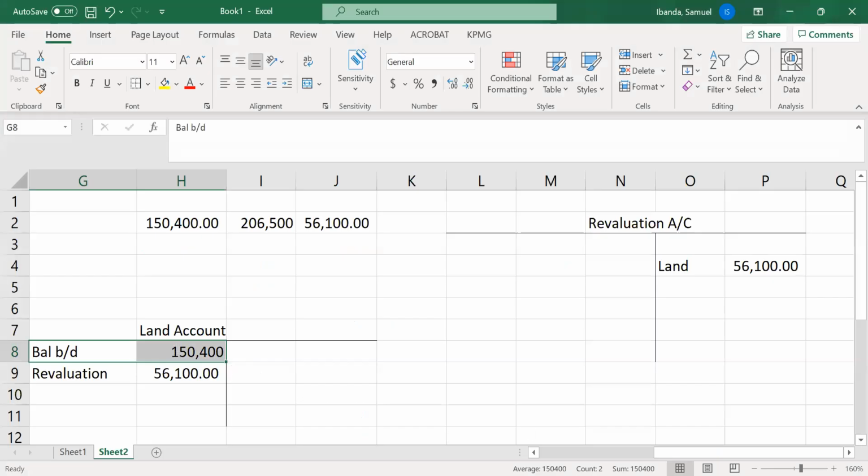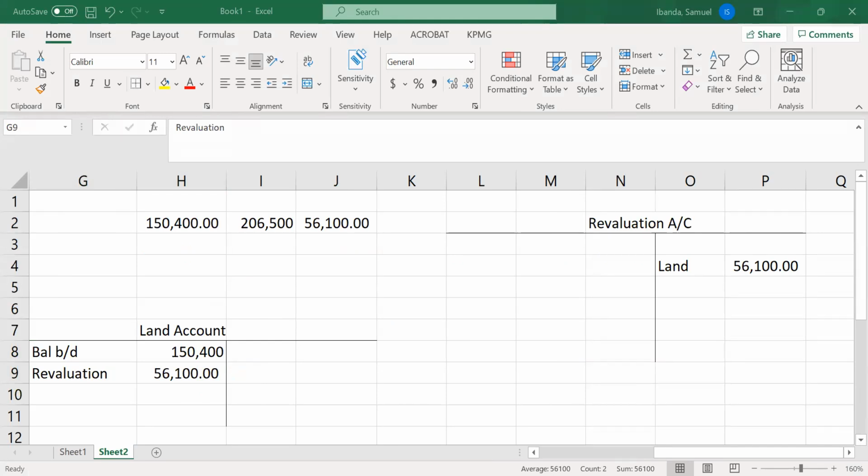And that balance brought down is what is within the statement of financial position provided to you, and look at the revaluation. Revaluation is the difference between the other value that was in the statement of financial position and the one that they're telling you is the revalued amount, okay? That gives you exactly what you need to consider. Yeah, so that is very important.